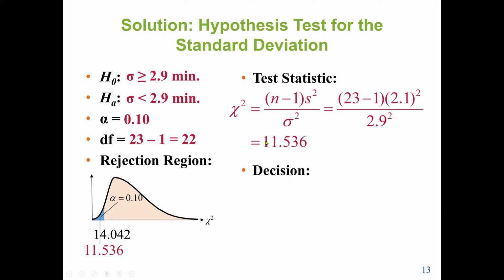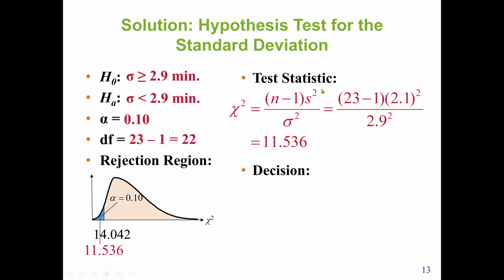So we do our test statistic. Here we are using the standard deviation. If the value were a variance, we would just write 2.9 because variance is already squared. But the question gave us standard deviation, so we square 2.1, and we also square 2.9 because it is a standard deviation.